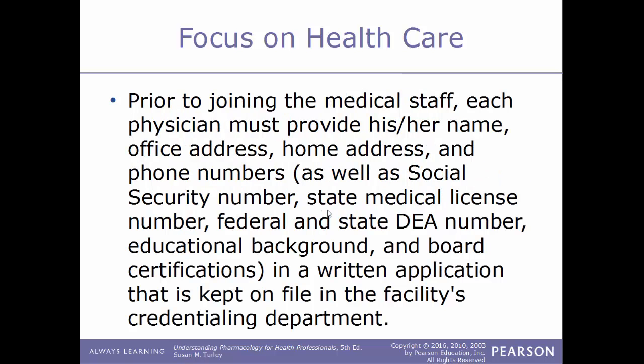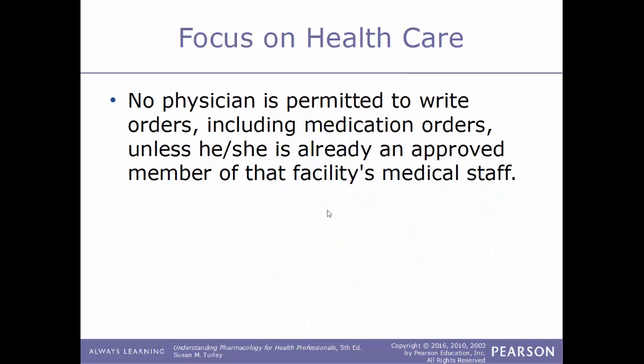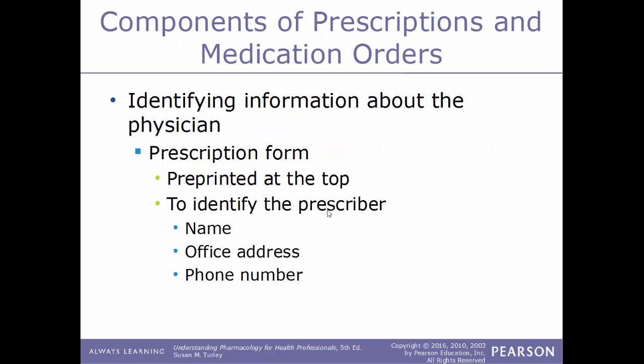So prior to joining the medical staff, each physician must provide their name, their office address, their home address, corresponding phone numbers, social security number, state medical license number, any federal or state DEA number, educational background, and board certifications in a written application that is kept on file in that facility's credentialing department. No physician is permitted to write orders, including medical orders, unless he or she is already an approved member of that facility's staff.